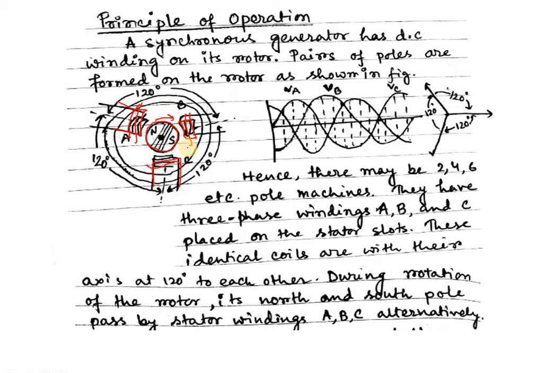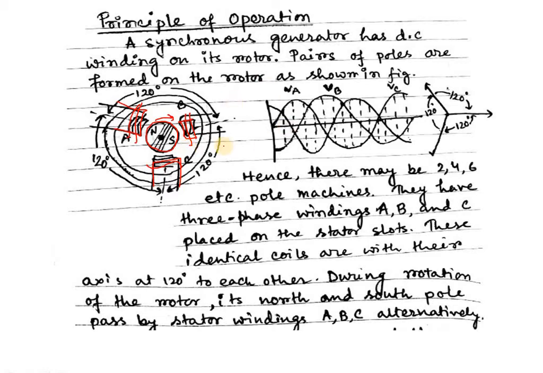And in this stator part, A, B and C, three-phase supply is given and their nature is 120 degree phase shifted. That means for each cutting, 120 degree phase shifted cutting of flux will happen. Because the flux created by the stator windings are 120 degrees apart from each other.